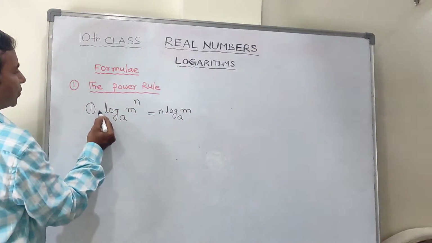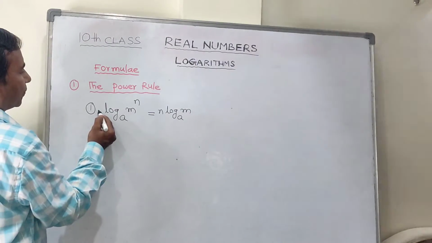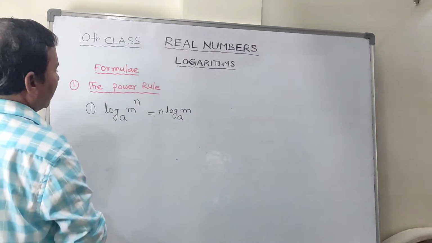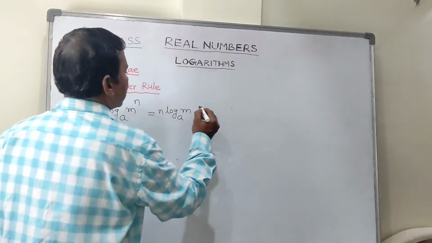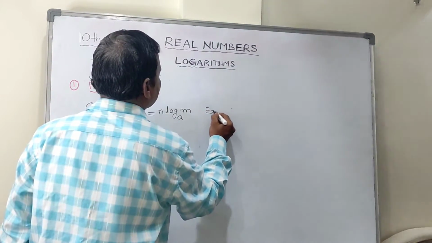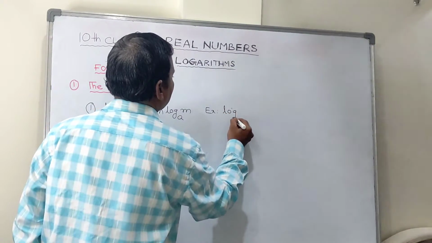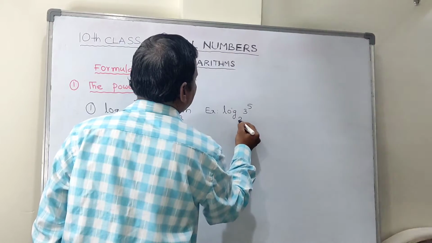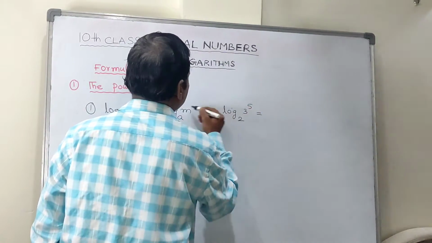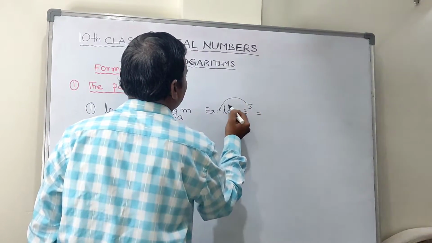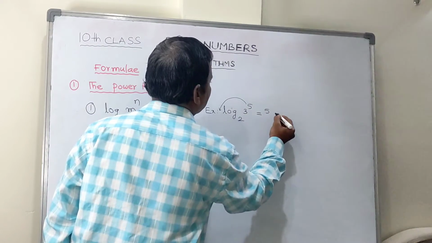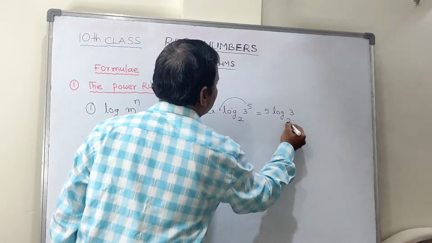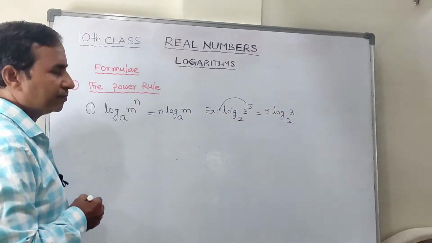So, n into log m to the base a. That is the first important formula. Let us take one example based on this. If I take log 3 to the power of 5 to the base 2, then as per the formula, 5 comes here, 5 multiplied with log 3 to the base 2. So, this is the first formula.